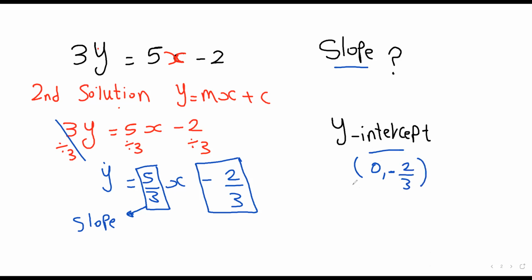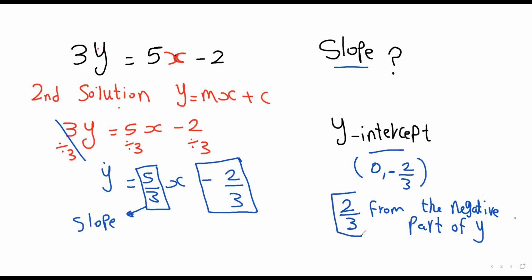So the y-intercept is 2 over 3 from the negative part of y. That's the y-intercept.